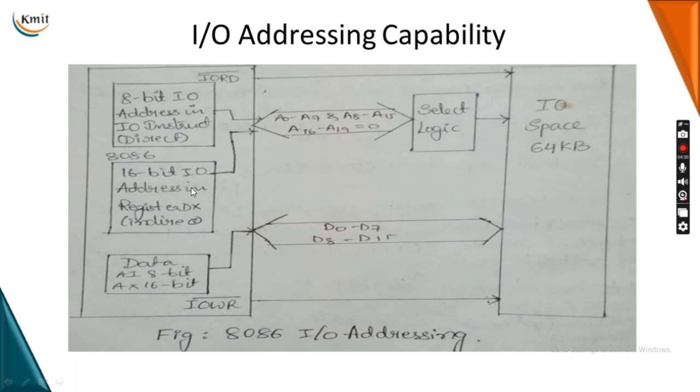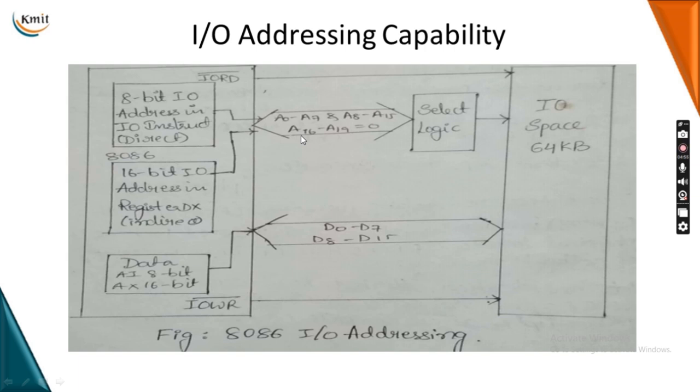Suppose we are going for 16-bit address storage in the register DX, then the lower order 8 bits will be stored in A0 to A7 and A8 to A15 will be stored as your higher order bits.